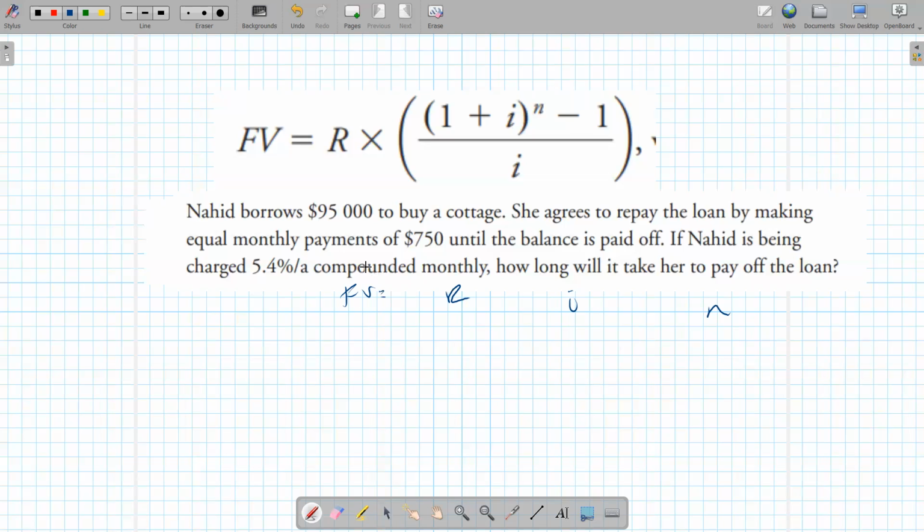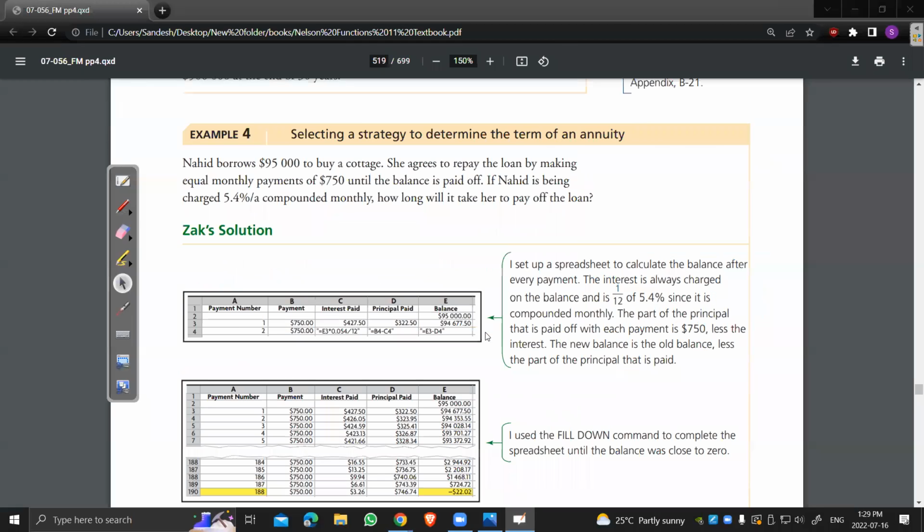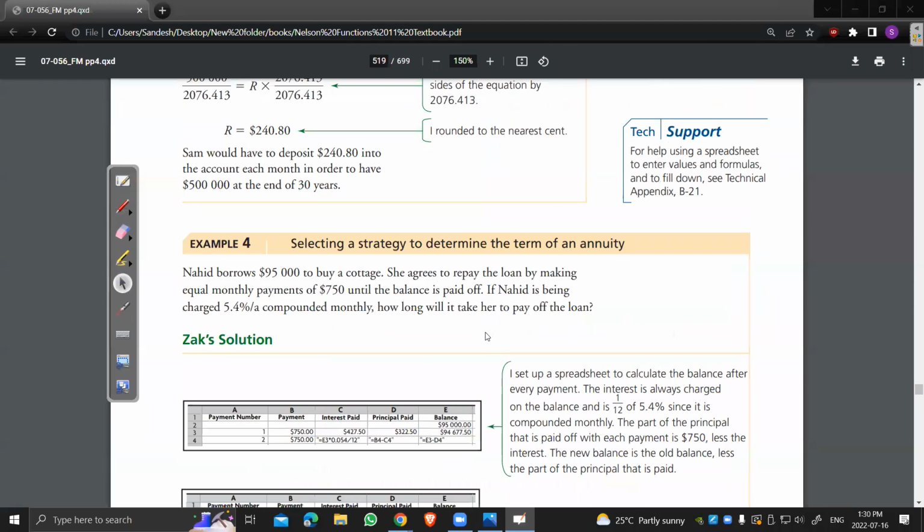Does she have this money right now? No. But she borrowed it, right? So it's not future value? Future value is when you'll have saved up to something in the future. This person's borrowed it right now. I don't think this is future value. The wording tricked us. This is not a future value.